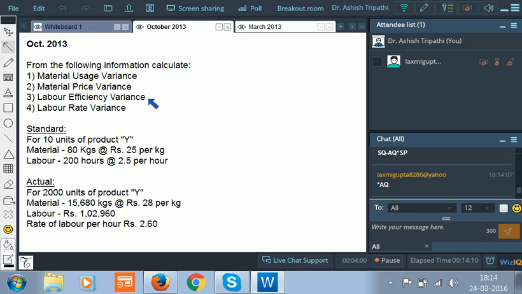The formula will be standard hour minus actual hour into standard rate. Labor rate variance: standard rate minus actual rate into actual hour.